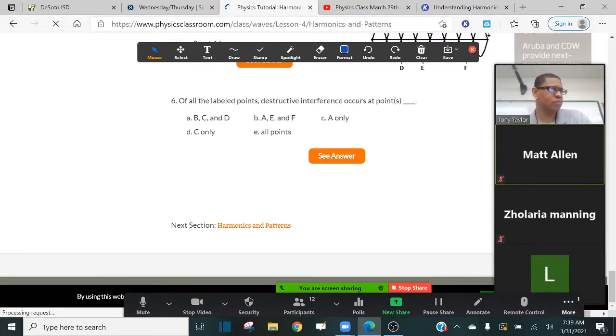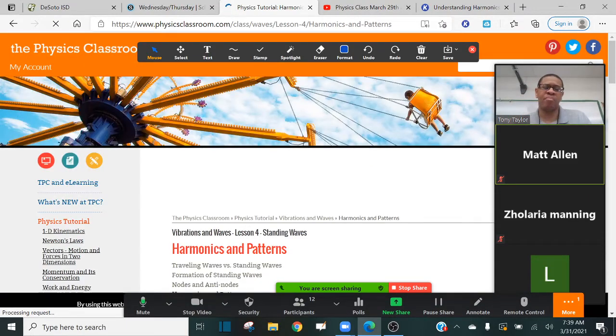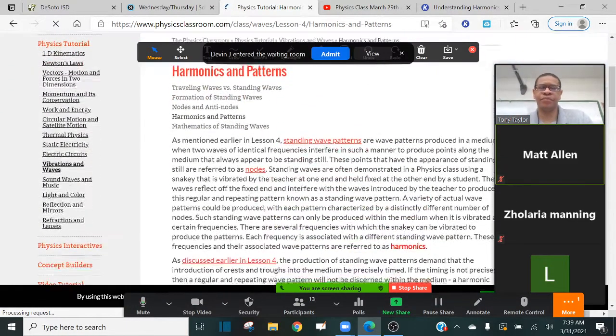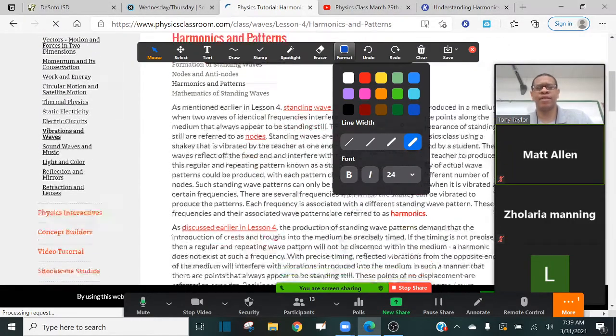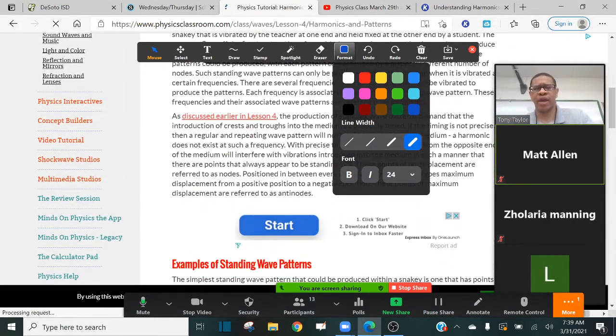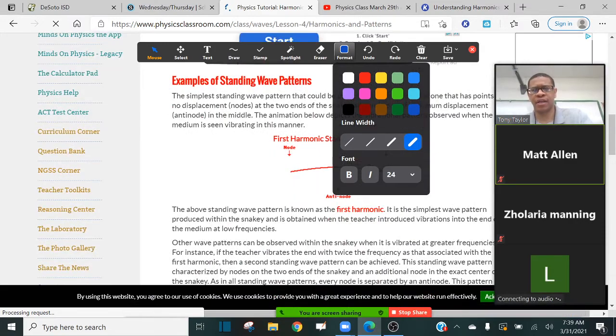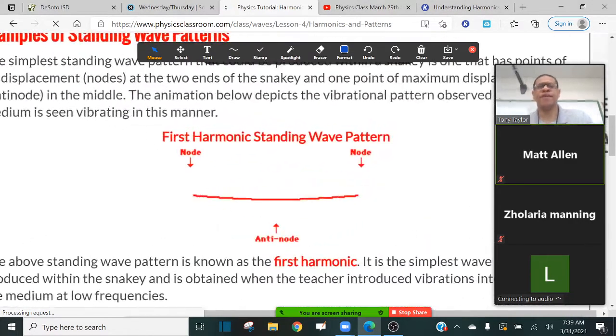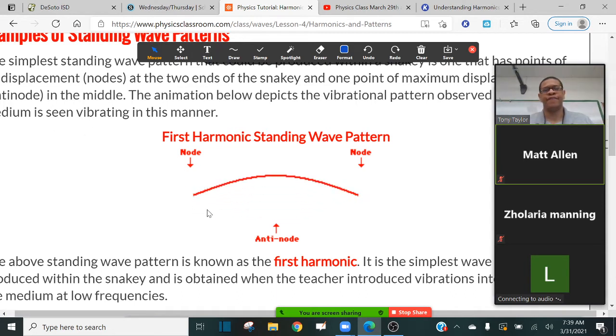We also talked about harmonics. If you guys remember what I said, a standing wave can vibrate at different harmonics. For a standing wave that's vibrating at the first harmonic, it will look something like this. Remember, guys, if a standing wave is vibrating at the first harmonic, which is also called its fundamental frequency, its natural frequency, it looks something like this.